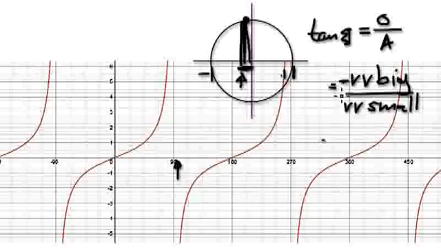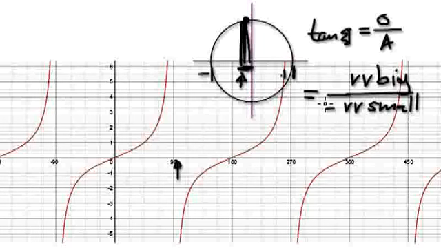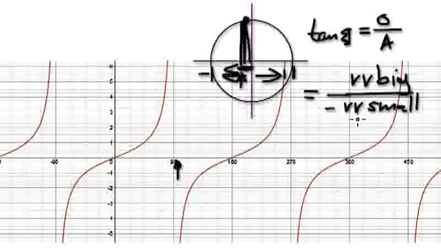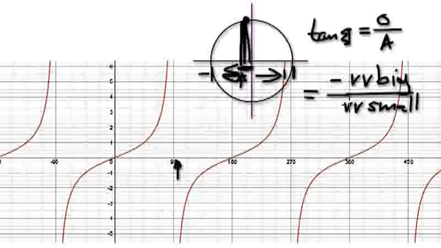So now we've got a fraction where it's very big divided by negative, very small. That's the same as me moving the negative up here. Let me just tidy this up. So we've got very big divided by negative, very small, and remember, it's negative because it's on the negative side. This is positive, this is negative. Now, we can move the negative up here, and then take the negative out of the fraction.